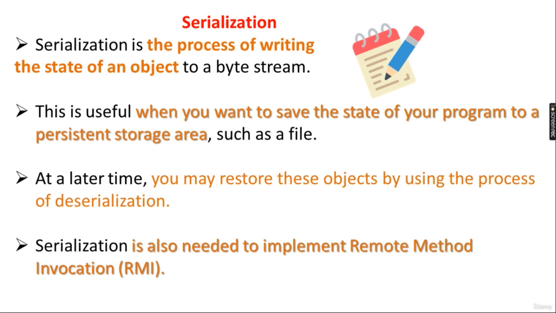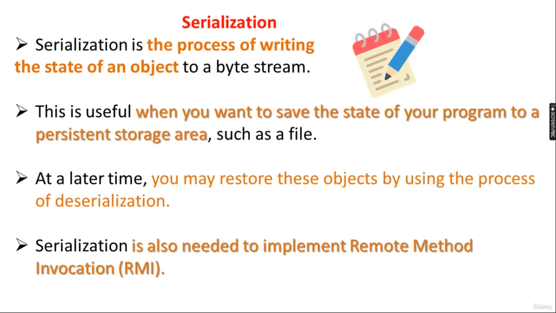When you want to save the state of your program to a persistent storage area, such as a file. What is the state of your program? You want to store it to a particular file or a byte stream. What we will do is serialize it. You may restore these objects by using the process of deserialization.